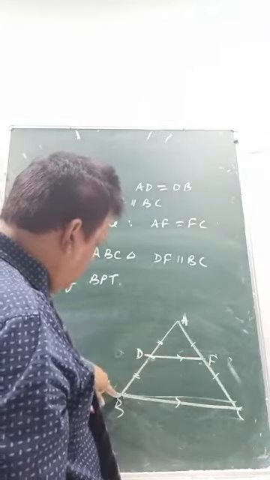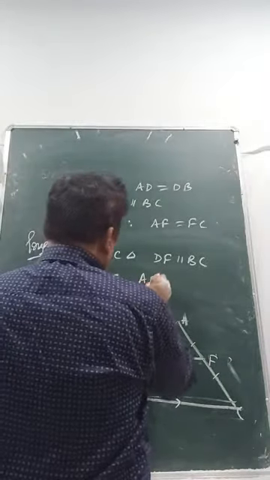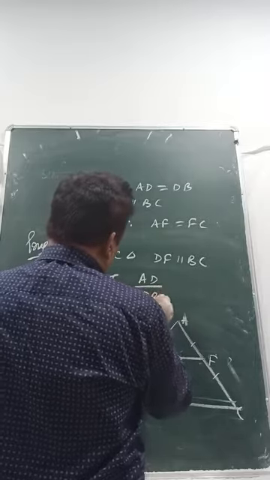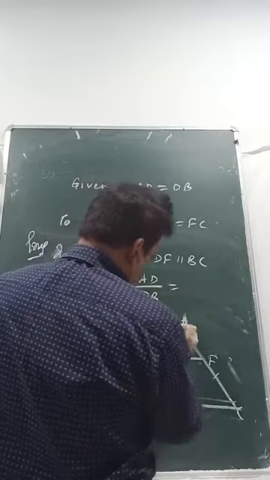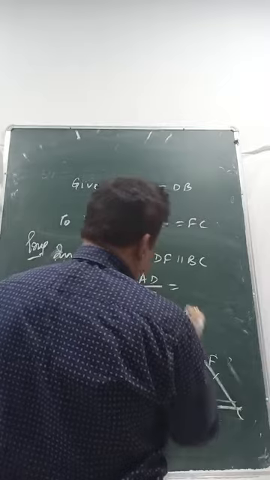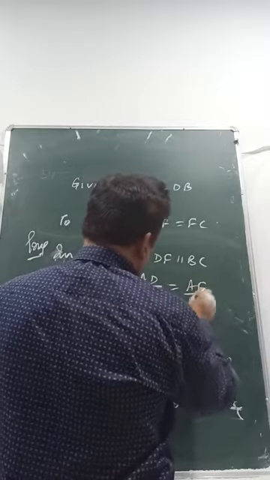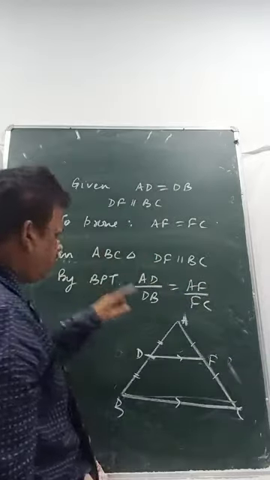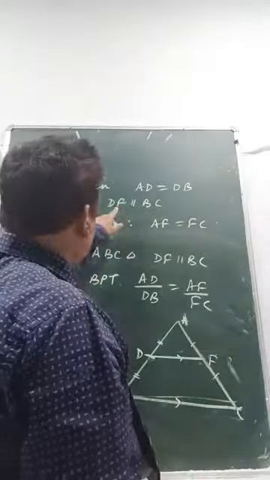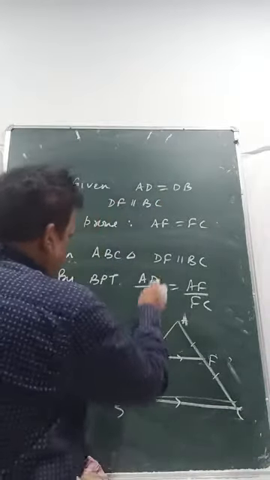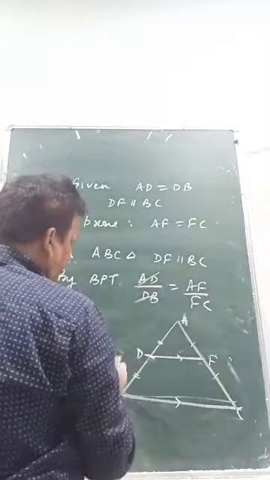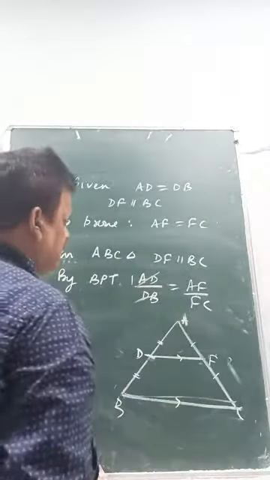AD by DB equals AF by FC. But AD is equal to DB, so it will cancel because they are equal. Cancel means 1.